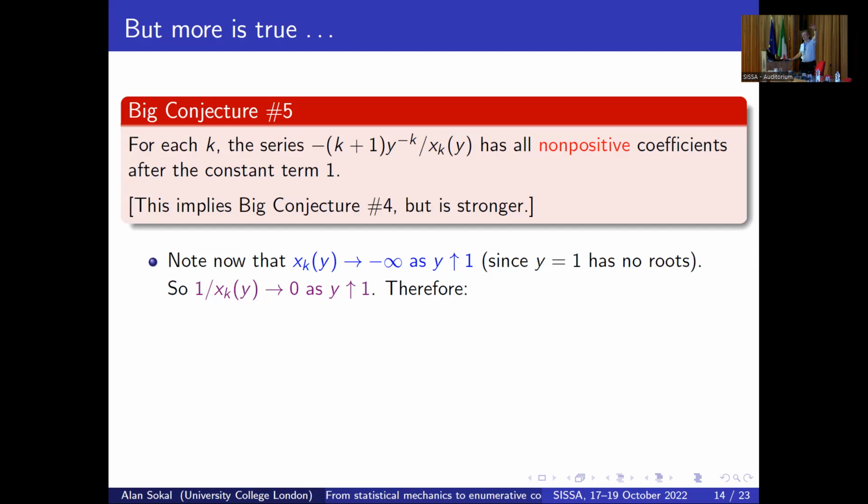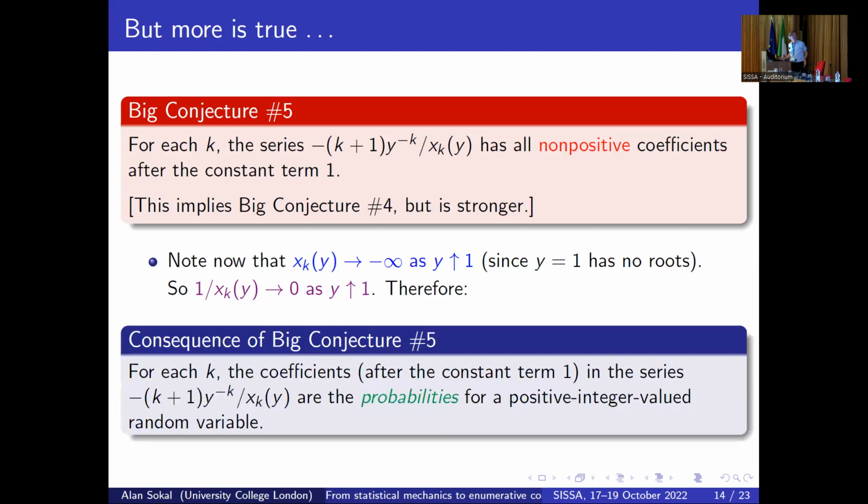I have a series, 1 minus blah, and at y equals 1, this makes 0. It means all these coefficients blah have to add up to 1. Now, what do you call a series of non-negative numbers that add up to 1? I call it a probability measure, right?